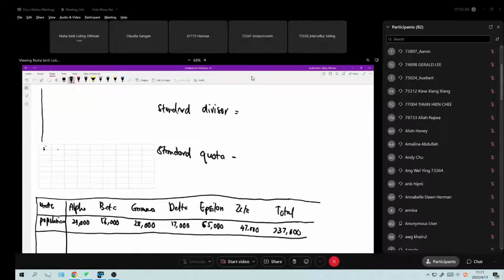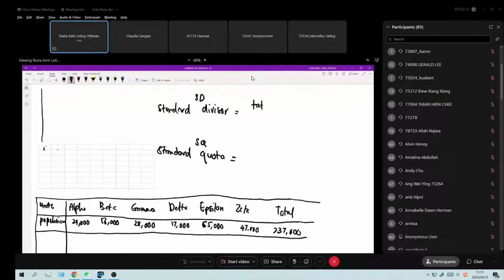Okay, so this one is what we call SD, and this is SQ. Sometimes they call it SQ. So to calculate, you have the total population divided by the number of seats.